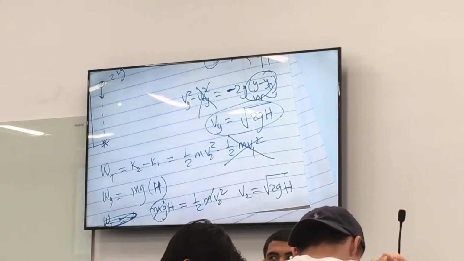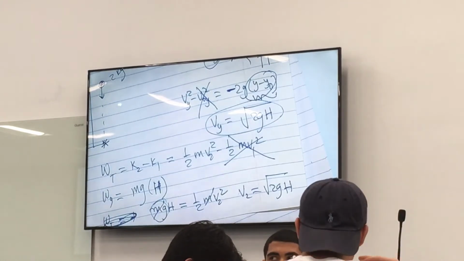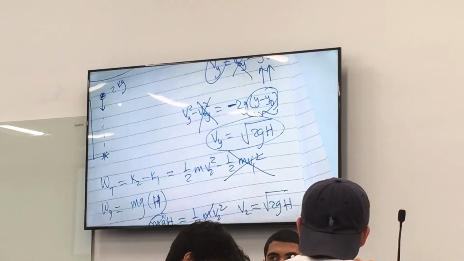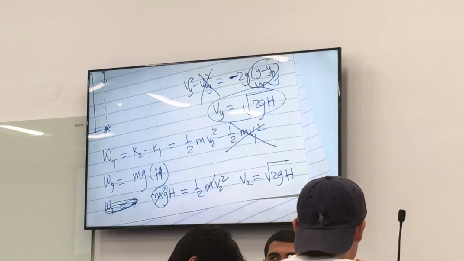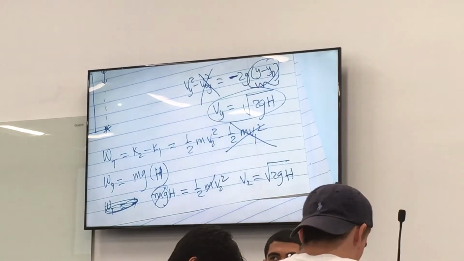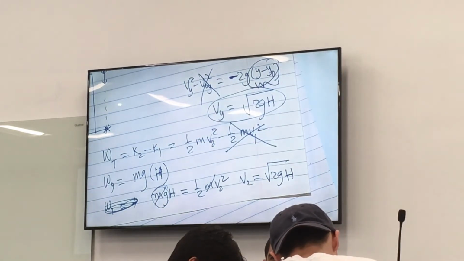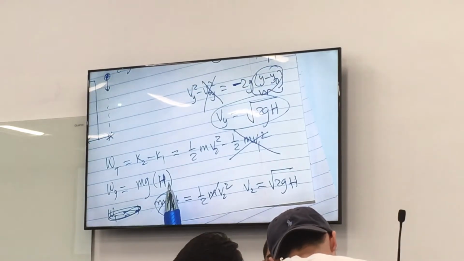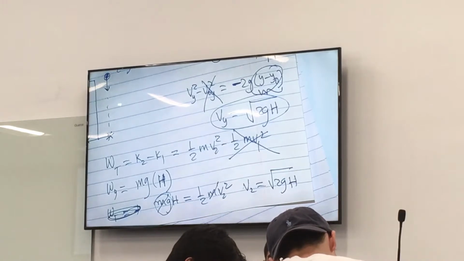If it is not given, just keep it as m, and it's going to cancel out. But it is weight though: mg times the height is the work done by gravity. That's what I did, force of gravity times the displacement. So that's the weight.